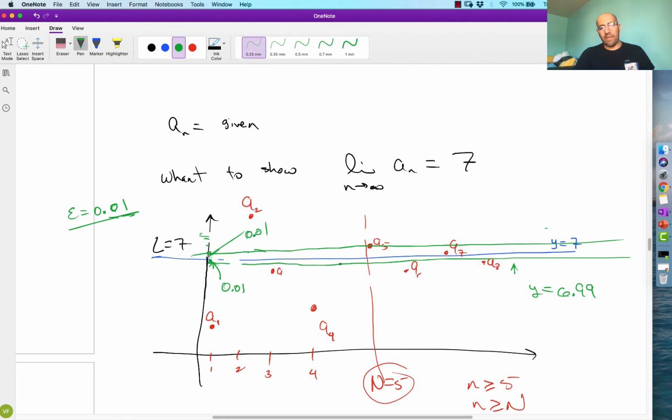We've made the band a little bit thinner, so now it might not be good enough to stop there, because now there are some numbers outside that band. So I might have to go out farther, maybe capital N equals 10 now. Maybe that will be the place where, beyond that point, all the little dots, all the outputs of my sequence, are inside that thinner band.